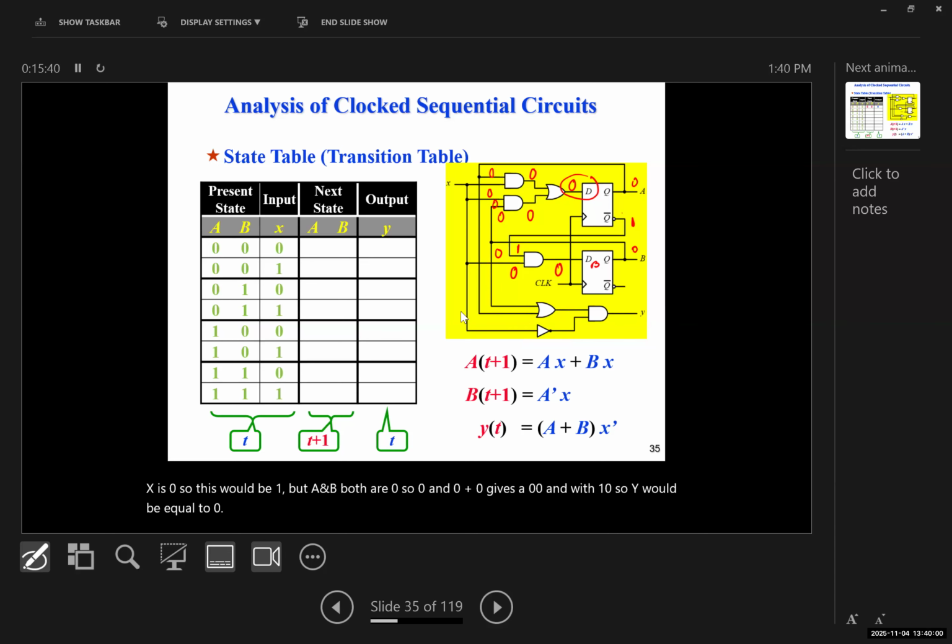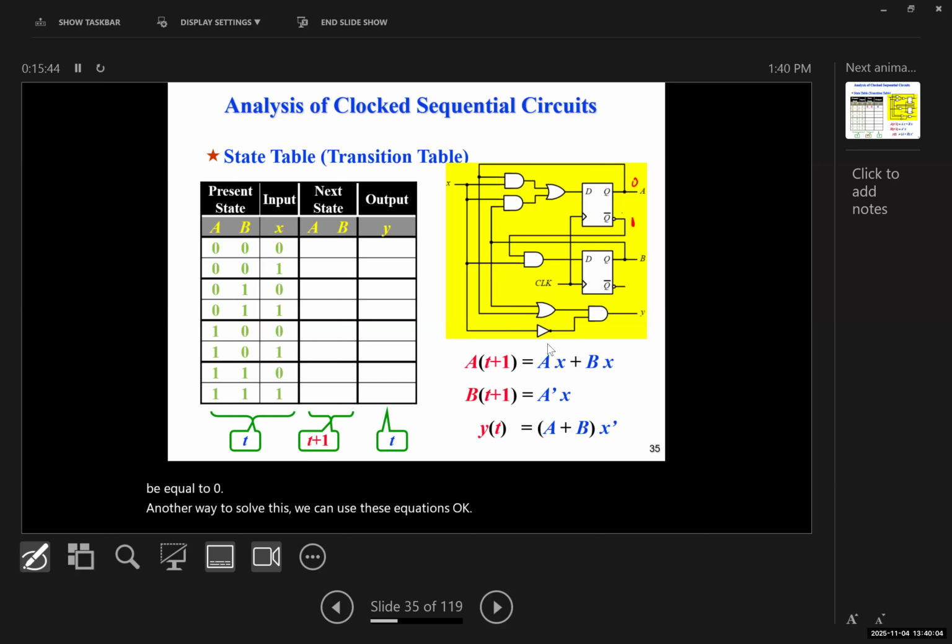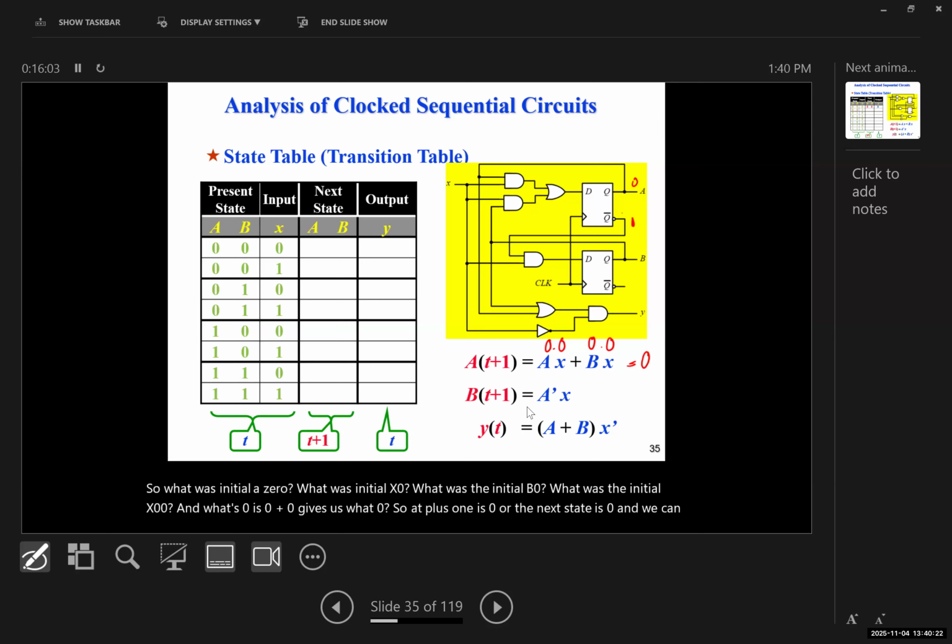Another way to solve this, we can use these equations, okay? So what was initial A? 0. What was initial X? 0. What was initial B? 0. What was initial X? 0. 0 AND with 0 is 0 plus 0 gives us what? 0. So A(t+1) is 0, or the next state is 0. And we can do the same thing for B(t+1).